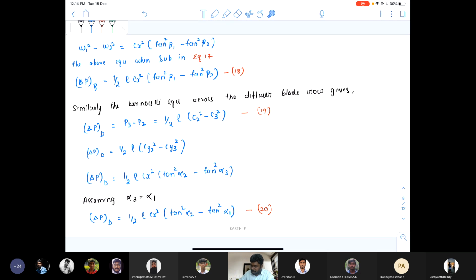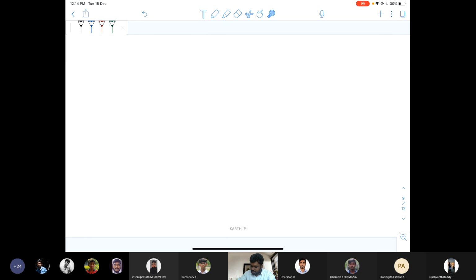Now the stage pressure rise. The stage pressure rise is P3 minus P1. That is, we are considering from stage 1 to stage 3.